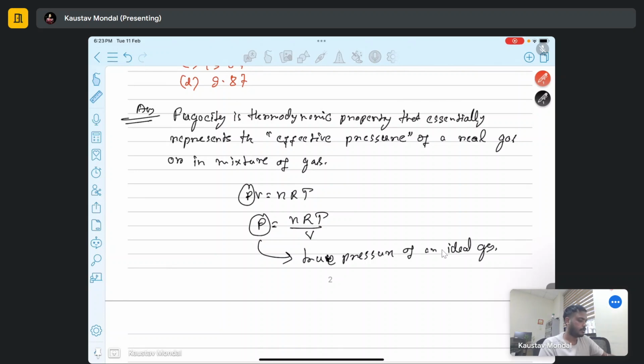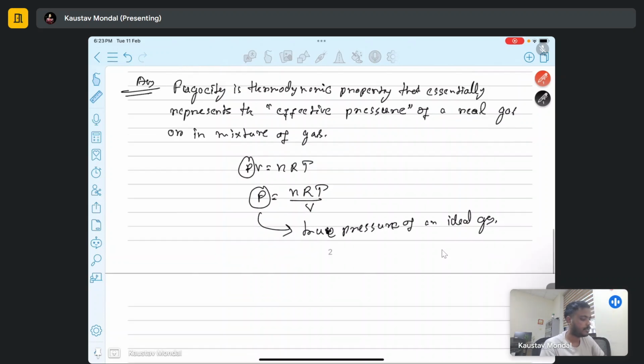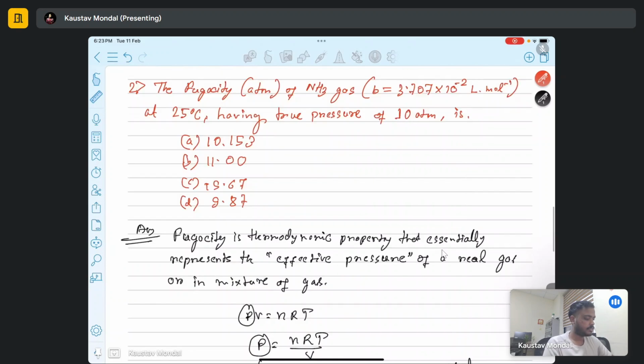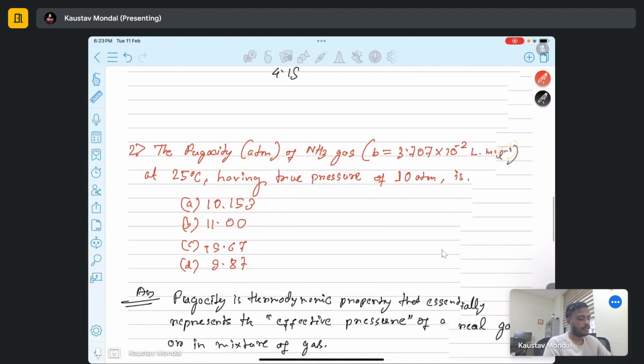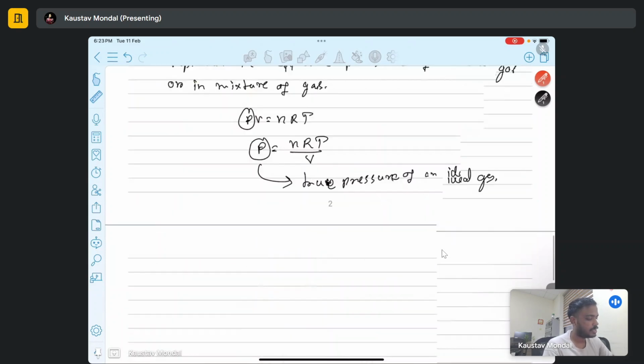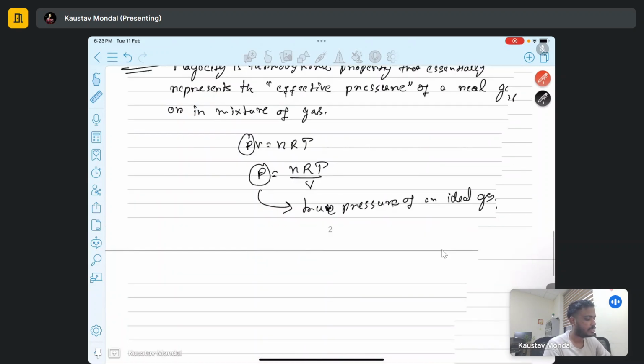But here you have to consider the Van der Waals gas, which is a real gas, not an ideal gas.